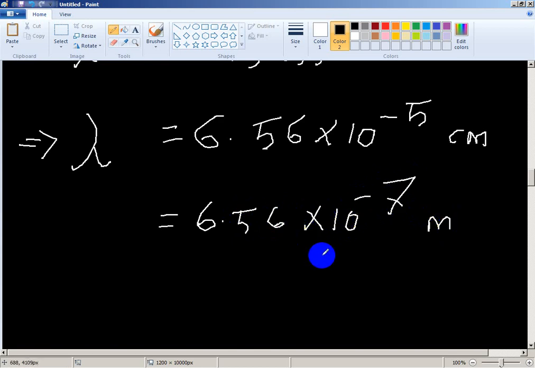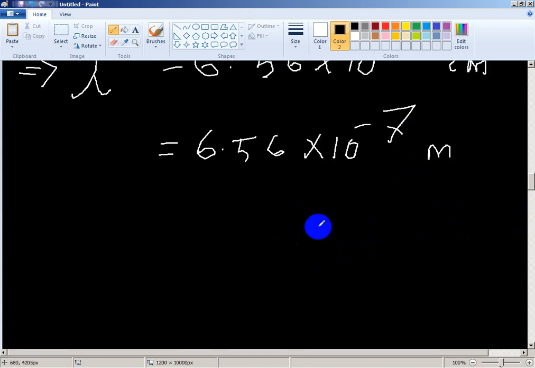When I divided by 100 it became meter. Check properly. Then it will become 10 to the power minus 9 meter.